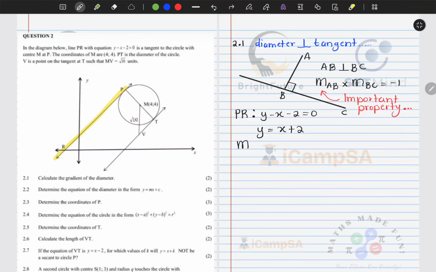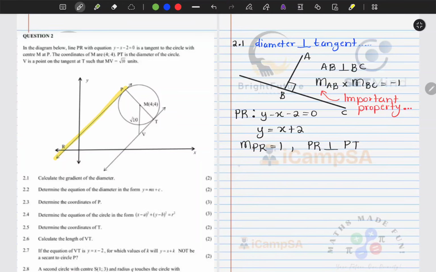So the gradient of PR is therefore equal to 1. But we know very well that PR is the tangent. It is perpendicular to the radius, which is PT, or the diameter, which is PT.